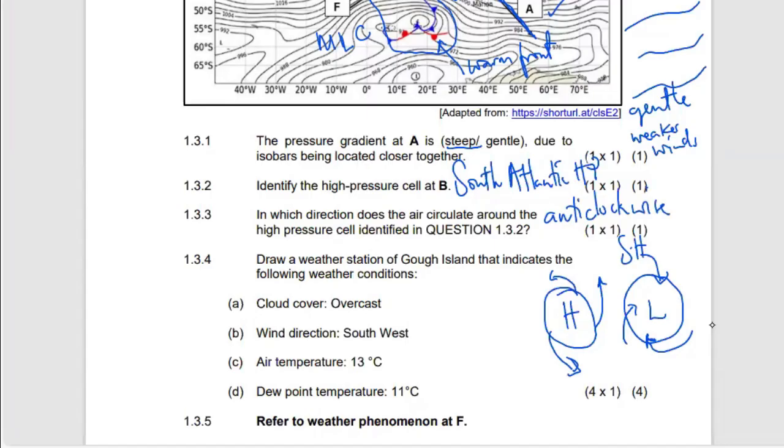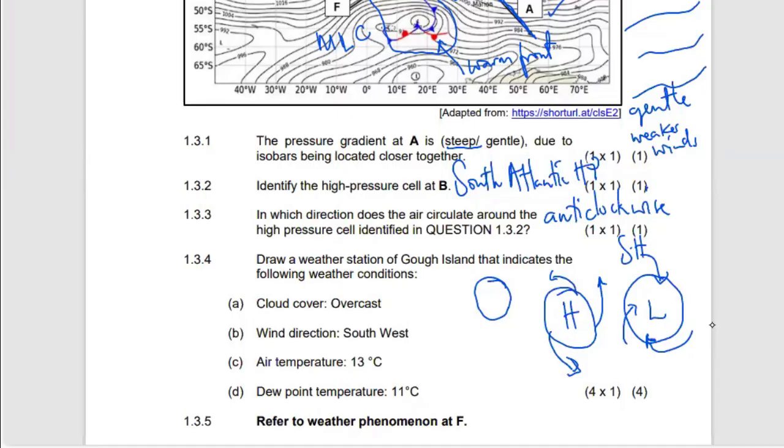Right, draw the weather station at Howe Island that indicates the following weather conditions. Right, cloud cover, we indicate it in the circle. We draw a circle like this. When I'm drawing this circle, we shade the relative amount of cloud cover inside the circle as a fraction of 8.